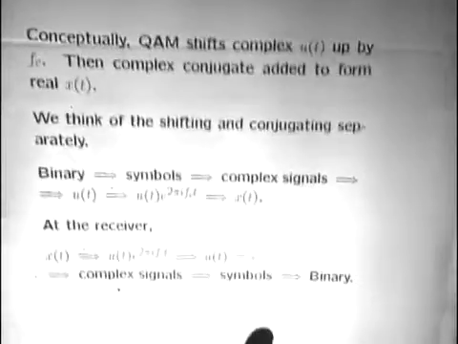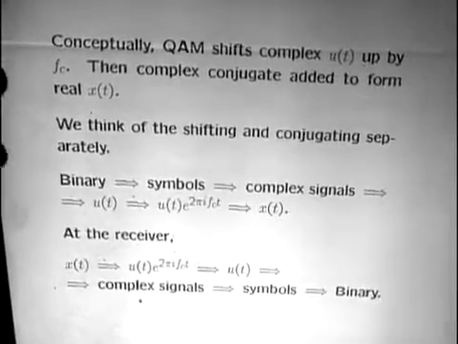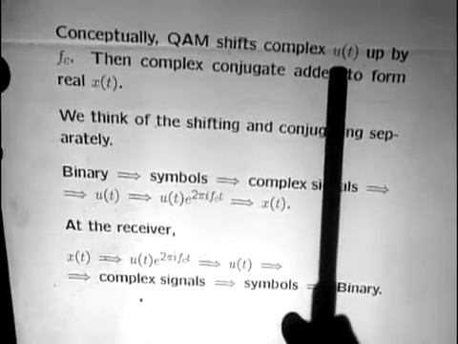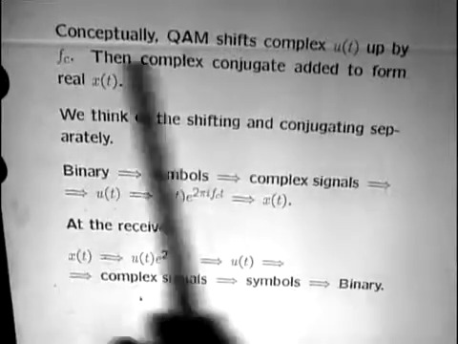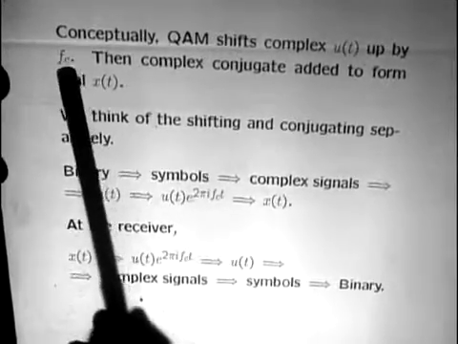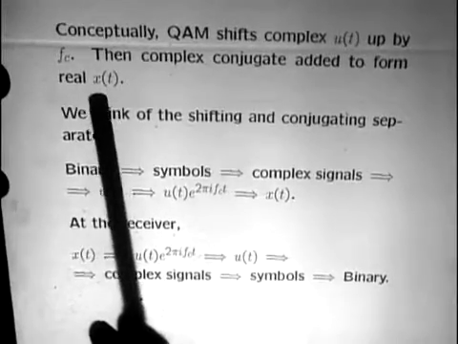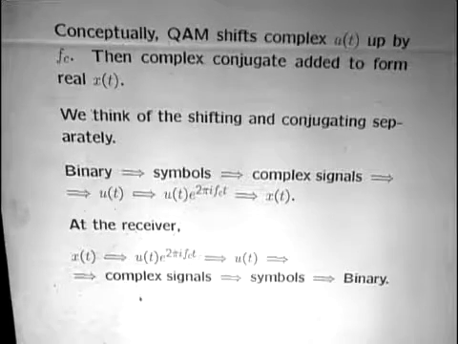Okay, the way we want to think about this conceptually is that quadrature amplitude modulation is going to take this complex waveform u of t. It's going to shift it up in frequency to f sub c, and then we're going to add the complex conjugate to form the real x of t. In other words, we're going to think of it as a two-stage operation.